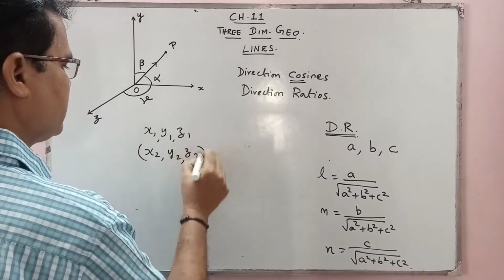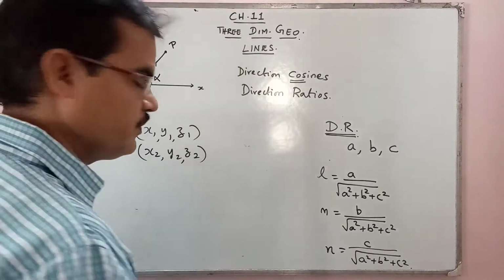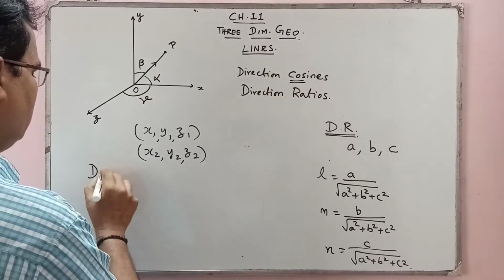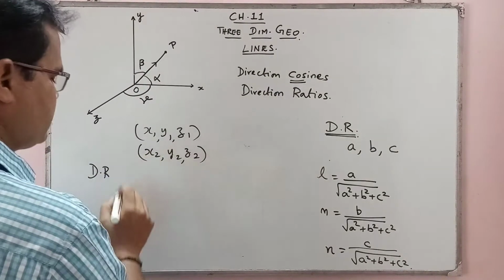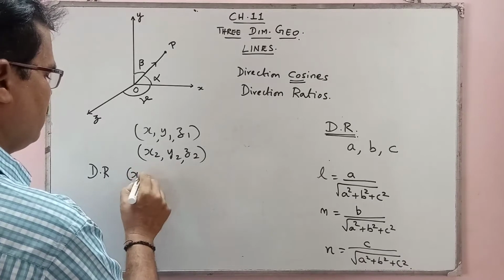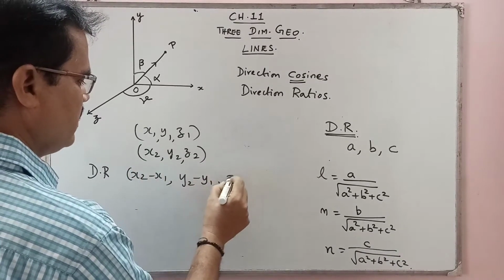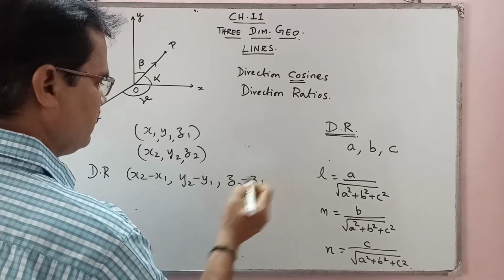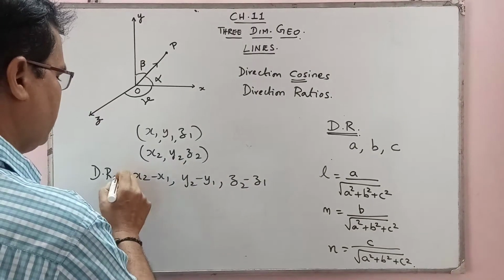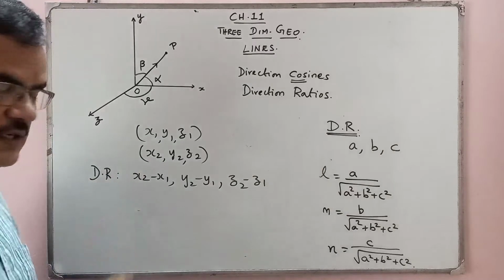When these 2 points are given, the direction ratio is x2 minus x1, y2 minus y1, z2 minus z1. This is how you should find direction ratio when 2 points are given.